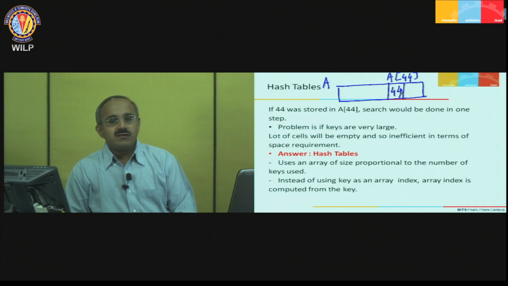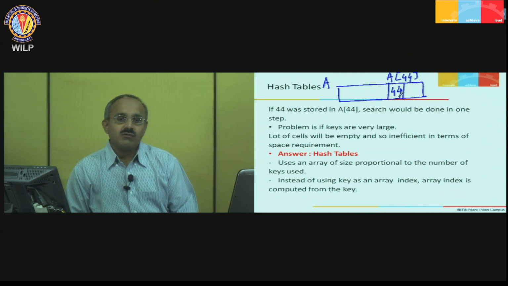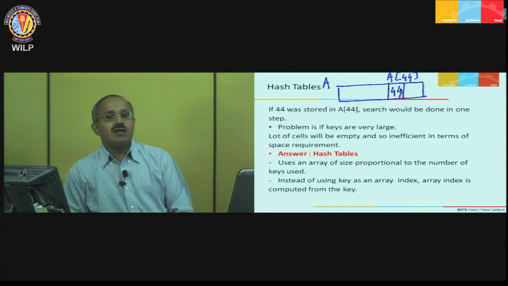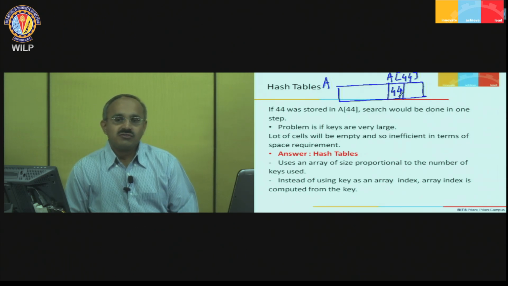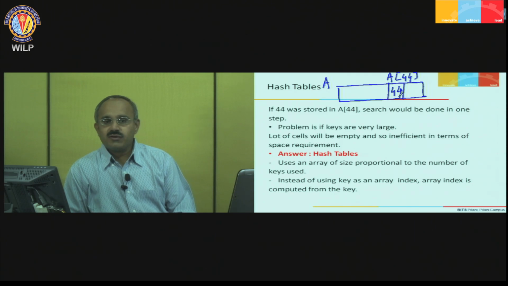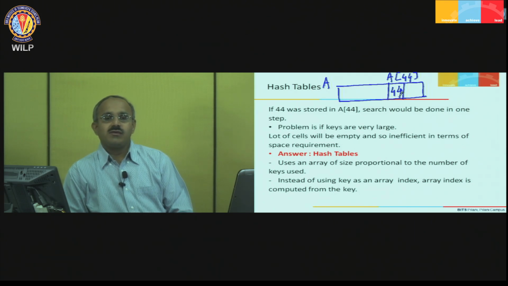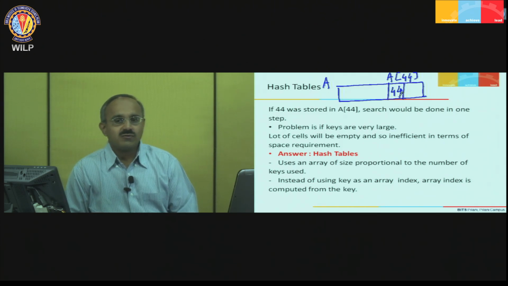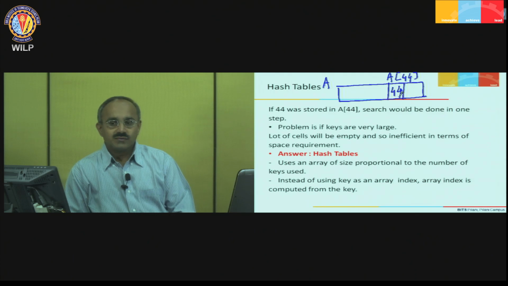The key idea is, if you want to store k, store it at the kth location in the array which is going to store your keys. So, when you want to search for k, you just go to A[k]. If A[k] has the value k stored, then your search is successful, otherwise it is unsuccessful.